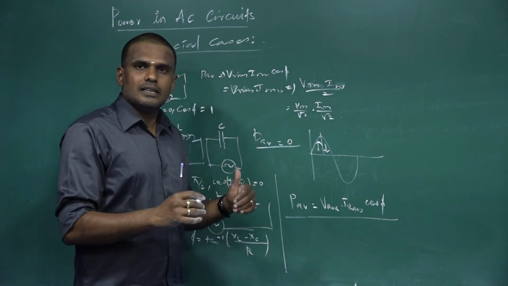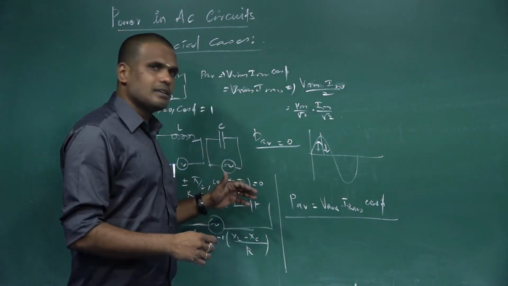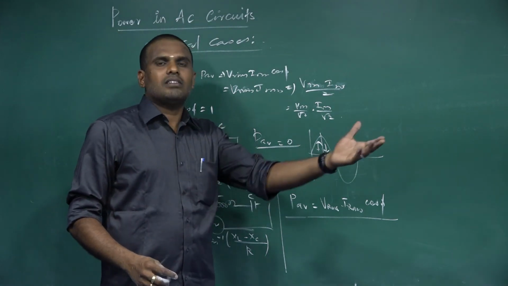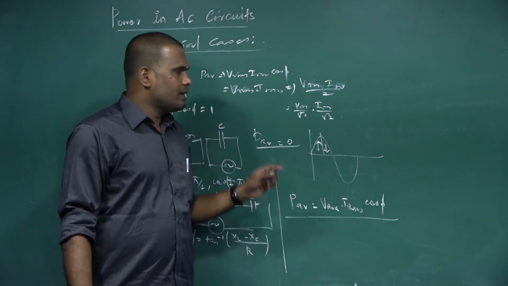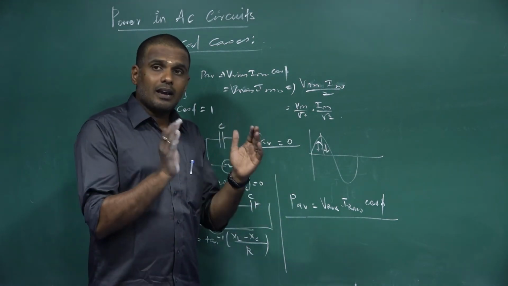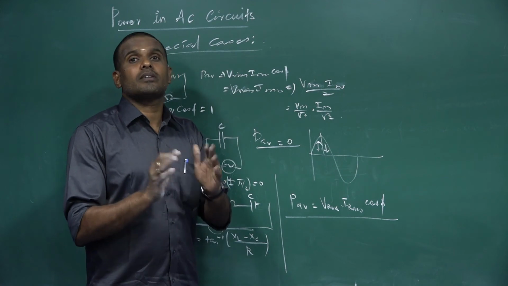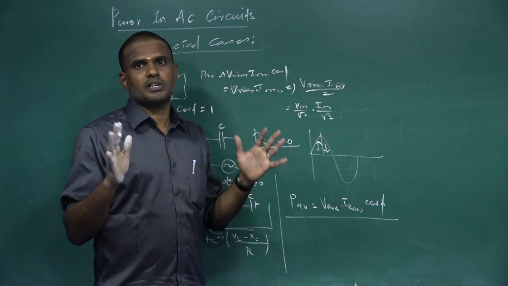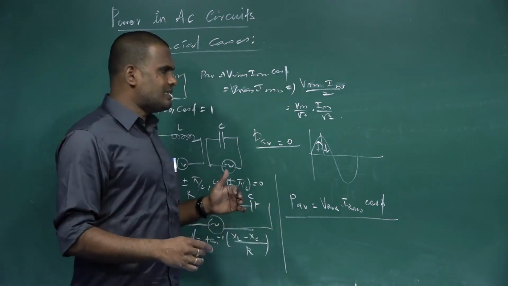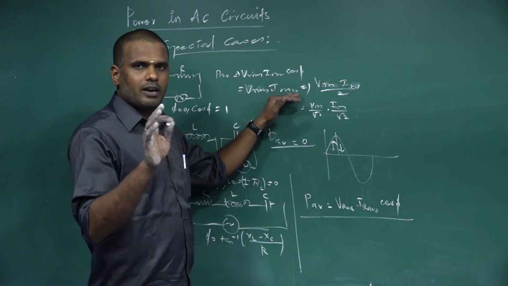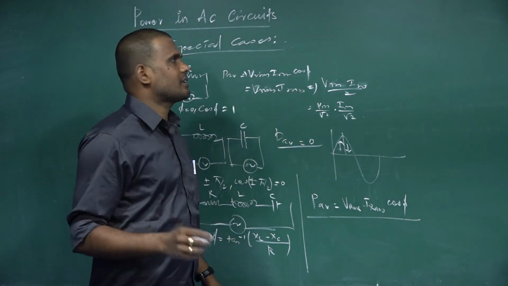Now, if it is a series resonance RLC circuit, you might have discussed in the previous sessions that in a series RLC resonance circuit, the circuit behaves like a pure resistive circuit. In a pure resistive circuit, what is the average power consumed? Vrms Irms. The same applies to a series resonance RLC circuit.